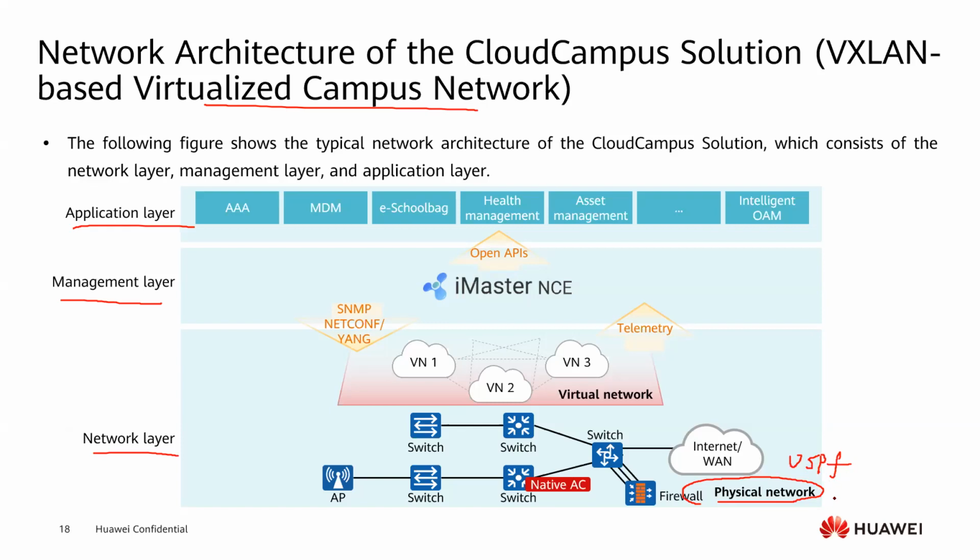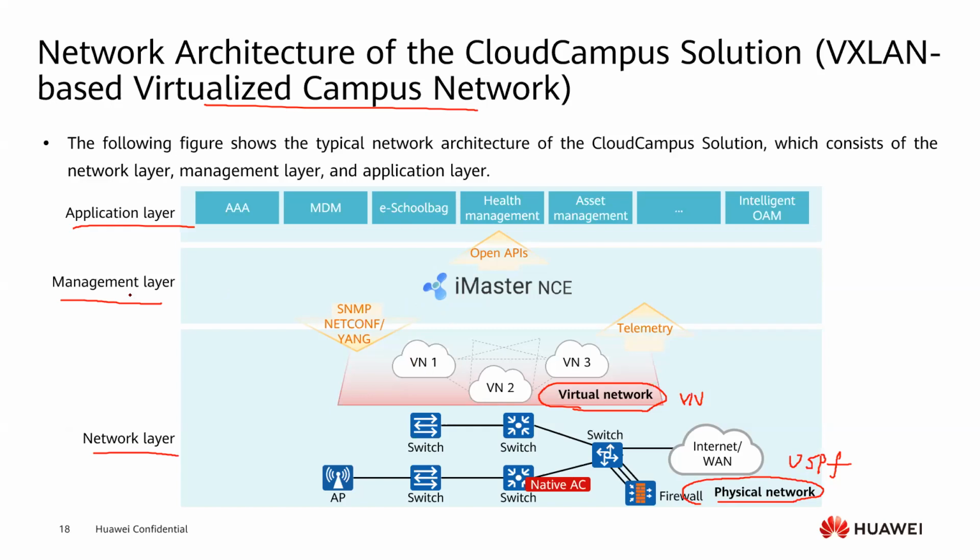And upon this physical network, we will create some virtual networks to support different services, and for different VNs, we simply call it VN. Different VNs are isolated from each other by default.